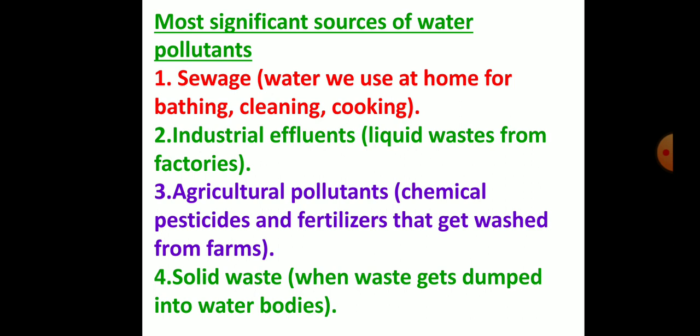Most significant sources of water pollutants: sewage, water we use at home for bathing, cleaning, and cooking. Industrial effluents, liquid waste from factories. Agricultural pollutants, chemical pesticides and fertilizers that get washed from farms. Solid waste, when waste gets dumped into water bodies.